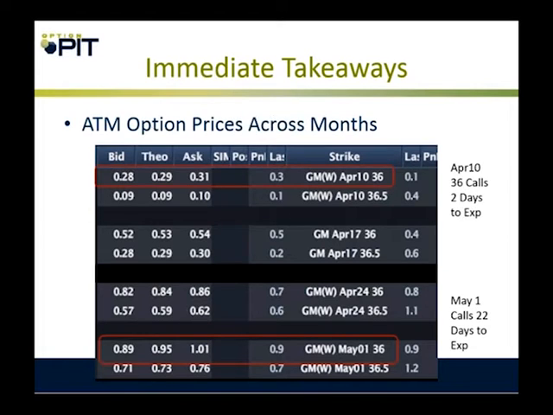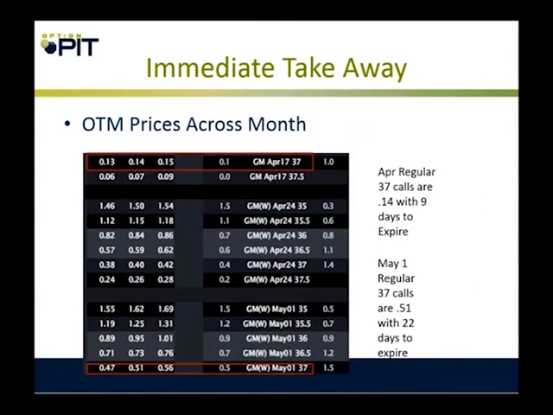But now let's look at out of the money options across the months. Let's look at the April 37 calls. There were 14 cents with 9 days to expire.